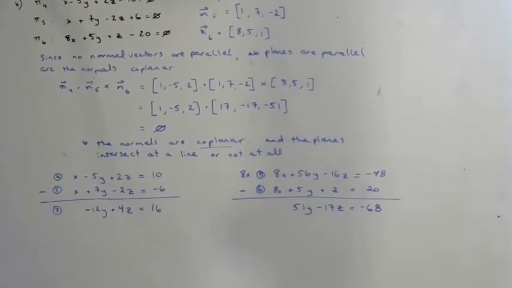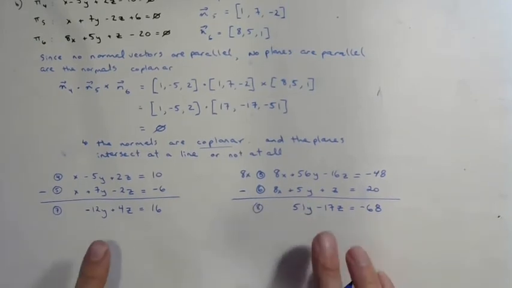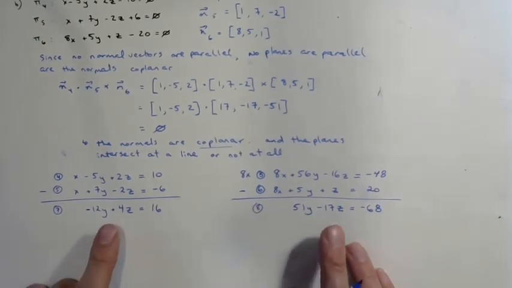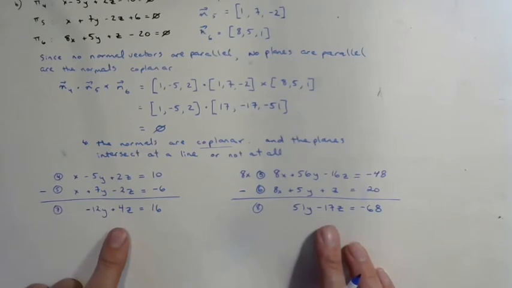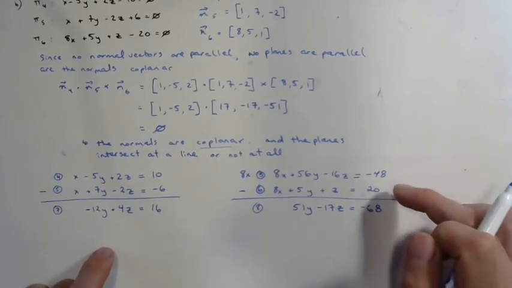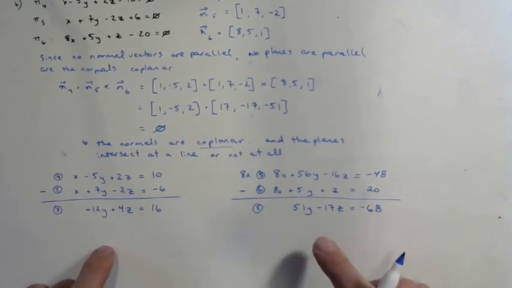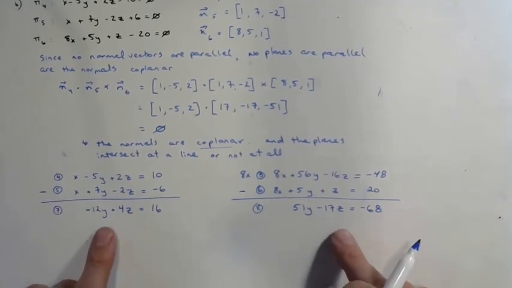Now I have 2 equations. I'm going to label this guy equation 8, and 2 variables. Now I know these equations are true because I created them by using other equations that are true, and I added and subtracted them. That's always going to create another mathematical statement that is true.